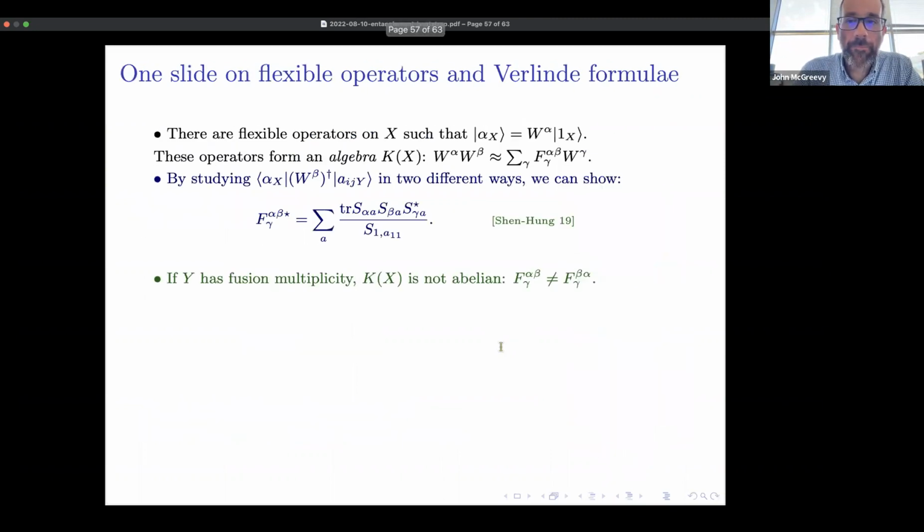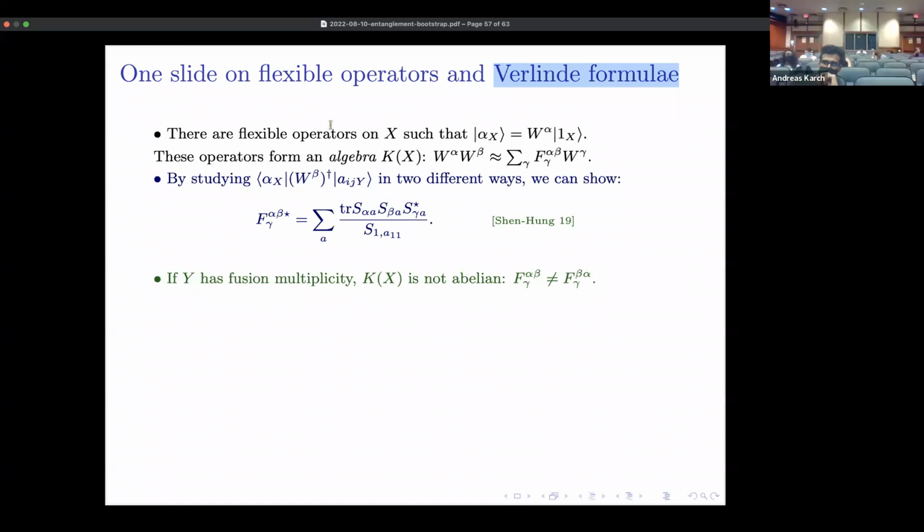Okay, I'm running out of time. So we've actually learned a bit more. Let me just summarize in one slide one other important aspect of what we've learned, which is about flexible operators and the Verlinde formula. I promised that there would be a Verlinde formula.